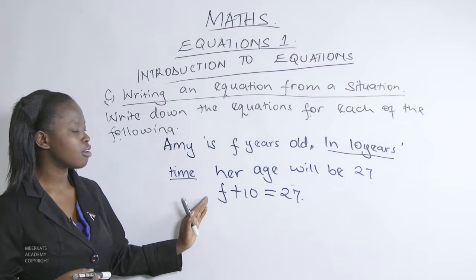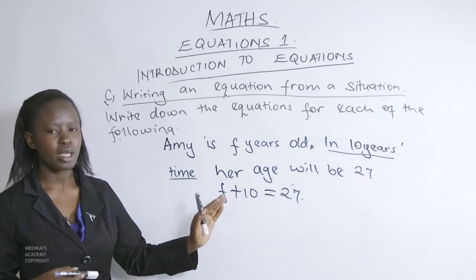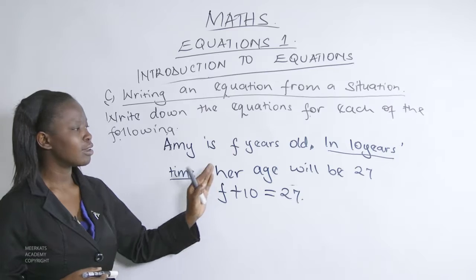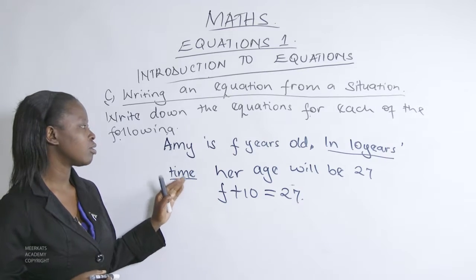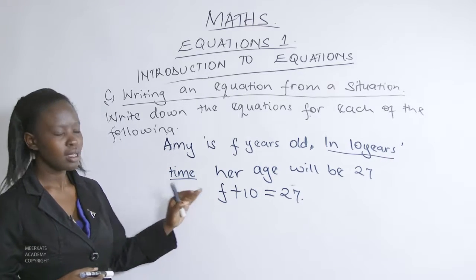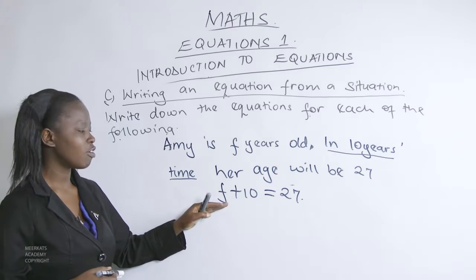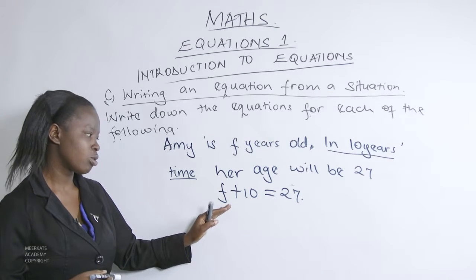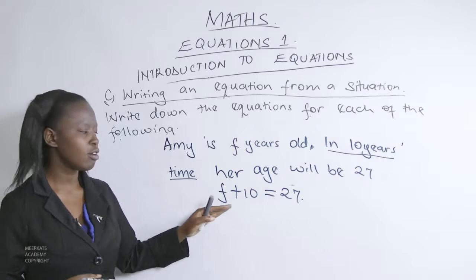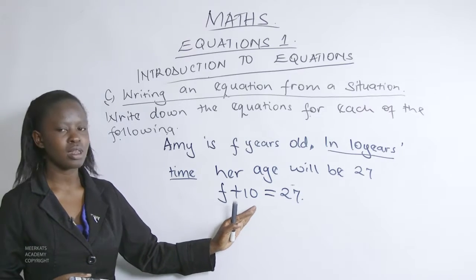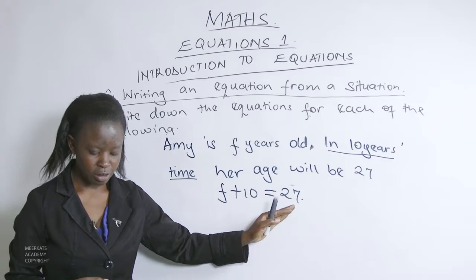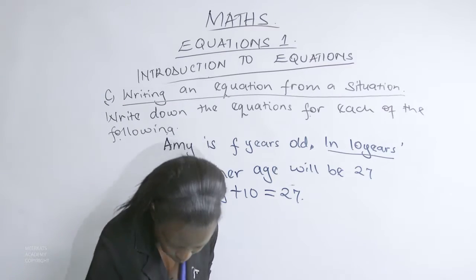It means that each and every year you are adding 1 year to your age. So in 10 years' time, she will have added 10 years to whatever age she is right now. That is why the equation we are having is F plus 10 is equal to 27.